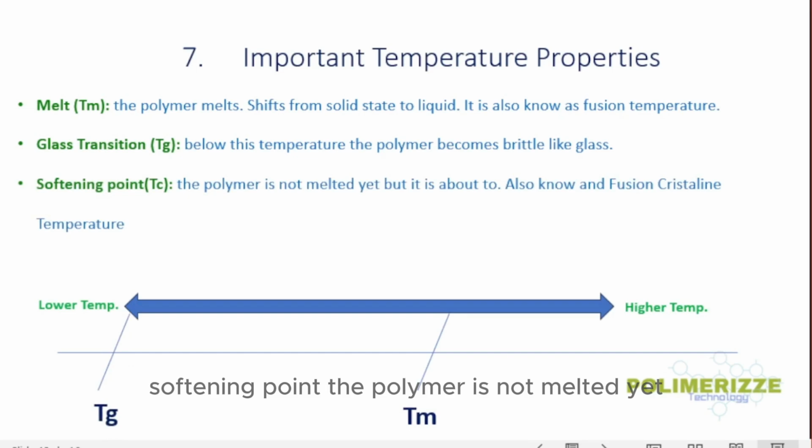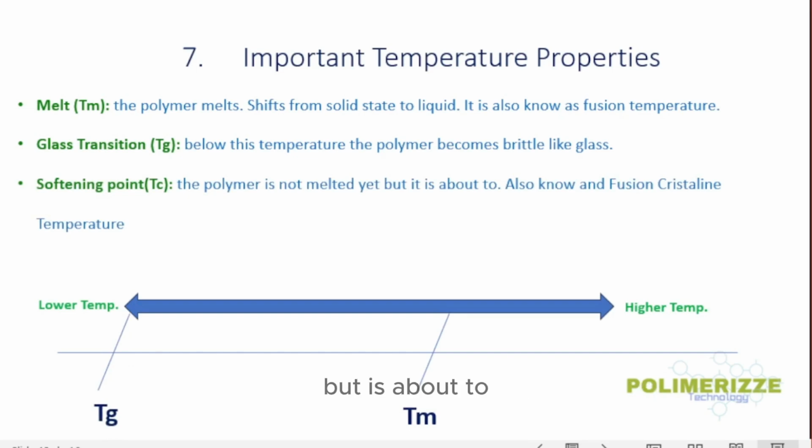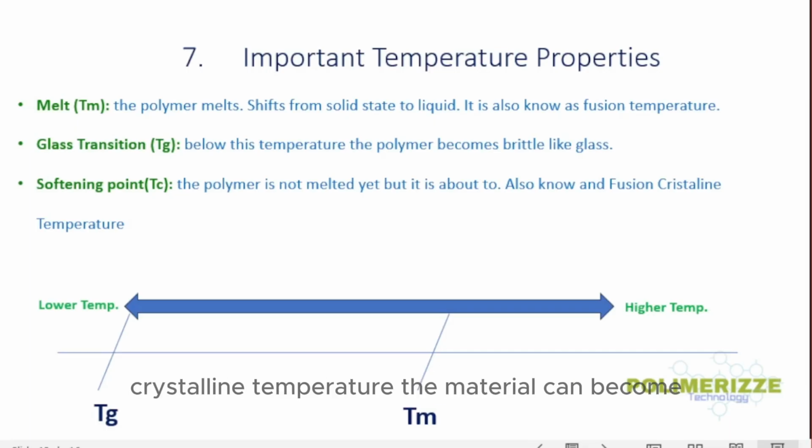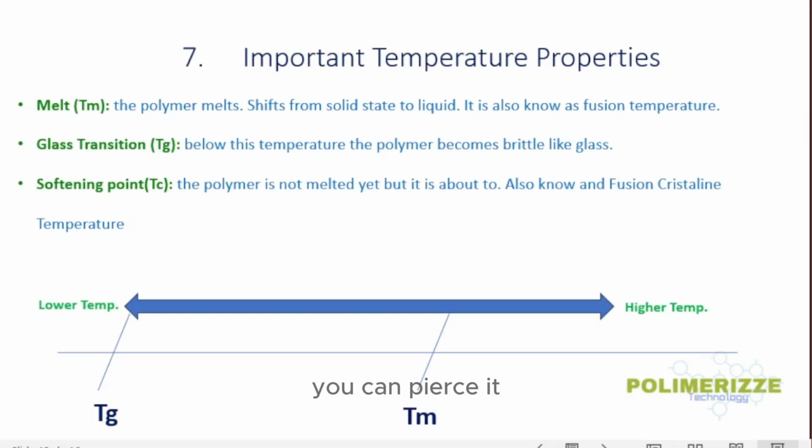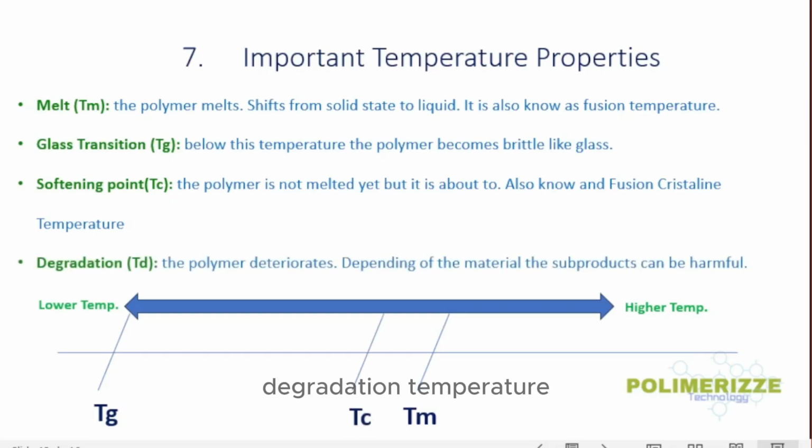Softening point. The polymer is not melted yet, but is about to. This temperature is also known as fusion crystalline temperature. You can pierce the material, or maybe you can even bend it. Besides, it's not melted yet, but it's soft enough to deform the material. Degradation temperature.